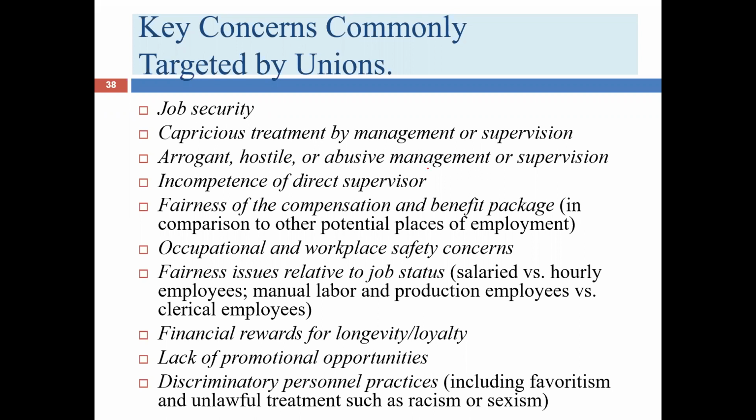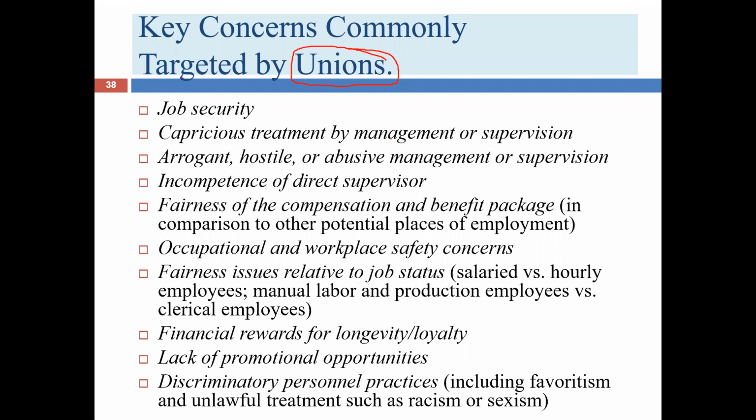Incompetence. If the supervisor doesn't know what he or she is doing, that can be very frustrating in the workplace. Now, one thing about unions is that unions don't get to decide who the managers and supervisors are. That is something that the employer gets to decide. So the union may be able, through a collective bargaining agreement, to change the rules that are followed, but the identity of the managers and supervisors isn't going to change when the union comes into effect.